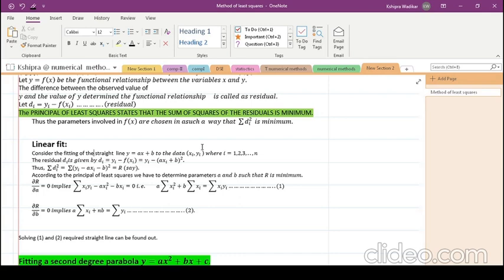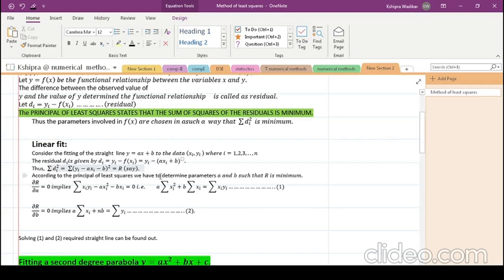So the residual di is yi minus f of xi, that is yi minus (axi plus b). So summation di square is summation of (yi minus axi minus b) whole square, equal to R, say.